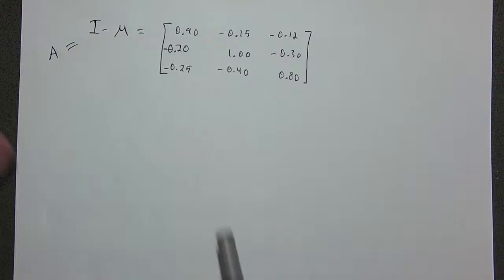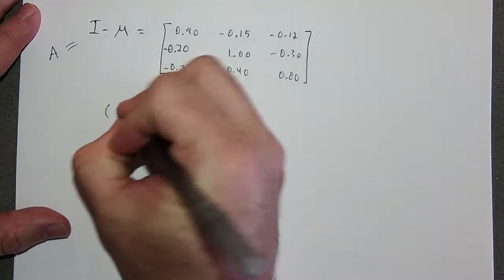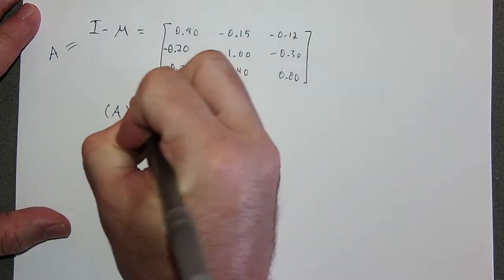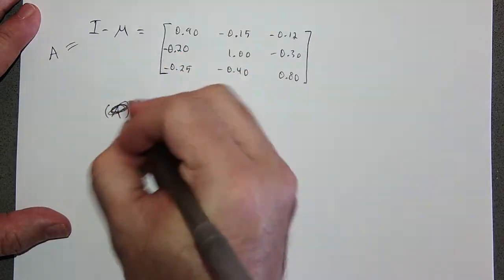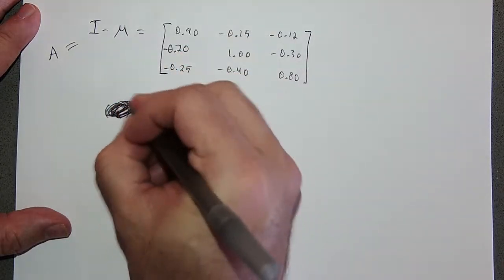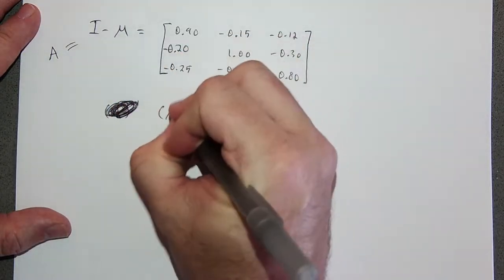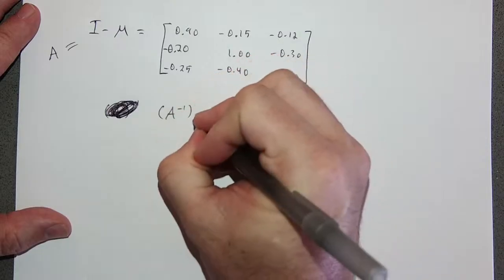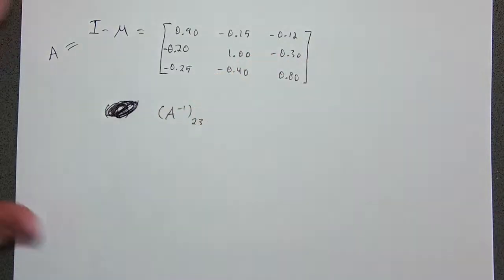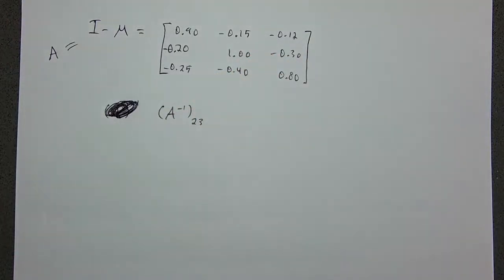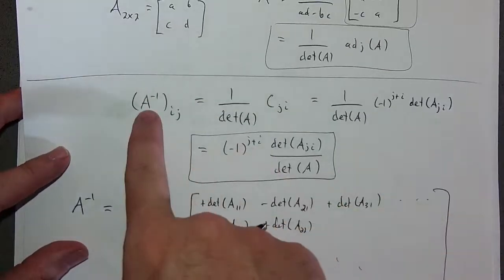So then the thing that we want to compute is, let's write it like this. I want to compute A inverse 2, 3, meaning the 2, 3 entry of A inverse, the entry in the second row and third column. According to this, I'm just going to flash it on the screen one more time here.